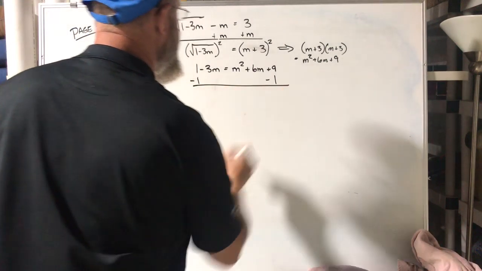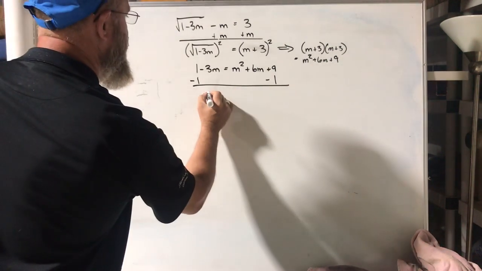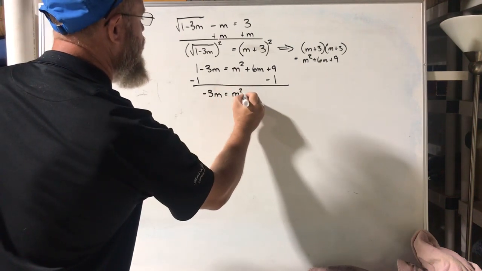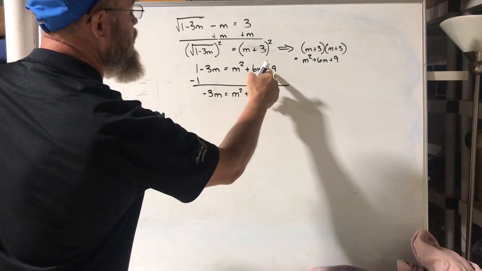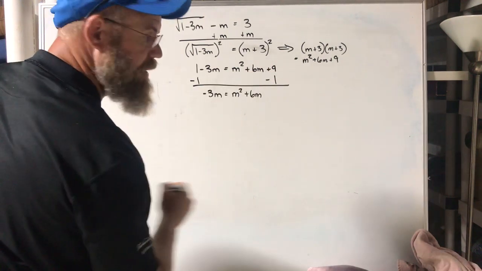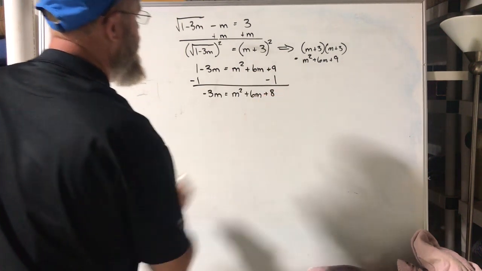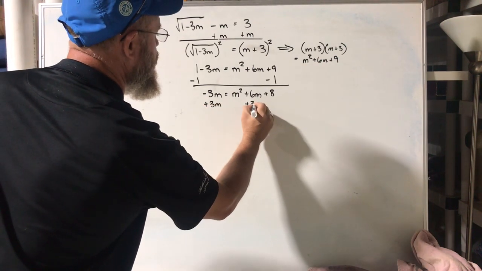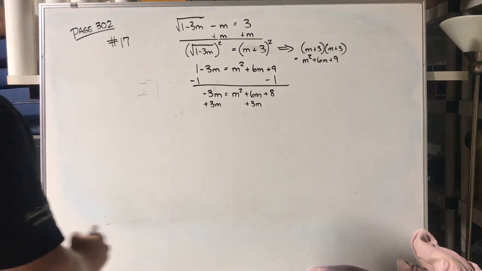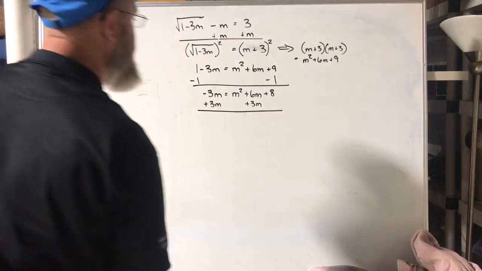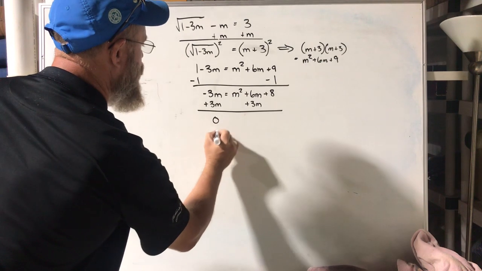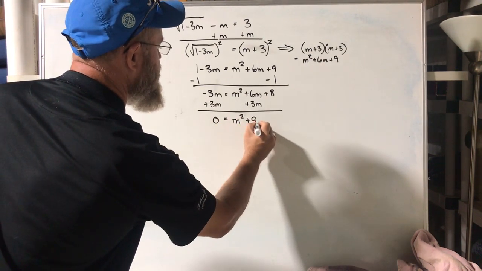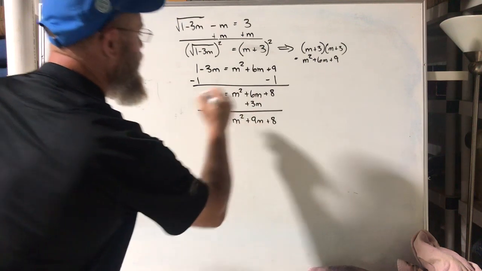What that's going to leave me with is a negative 3m on this side, and then I'm going to have m squared plus 6m, and then a positive 9 minus 1 is positive 8. And then I'm going to add 3m to both sides. All right. What that's going to leave me is 0 equals m squared plus 9m plus 8.